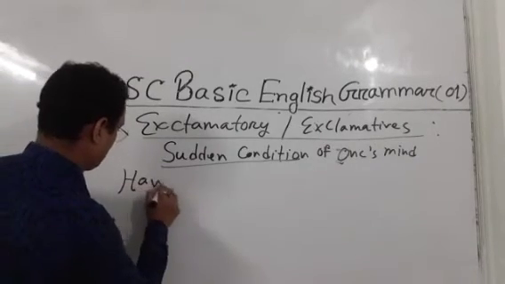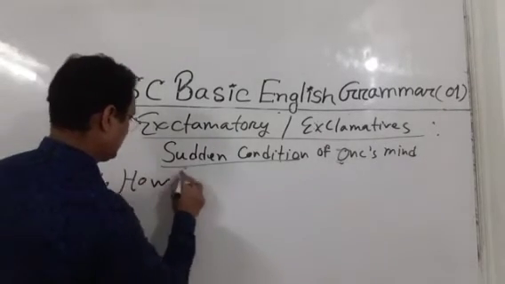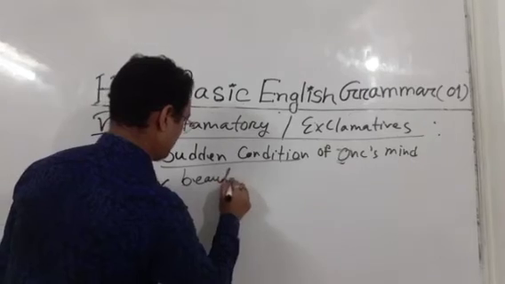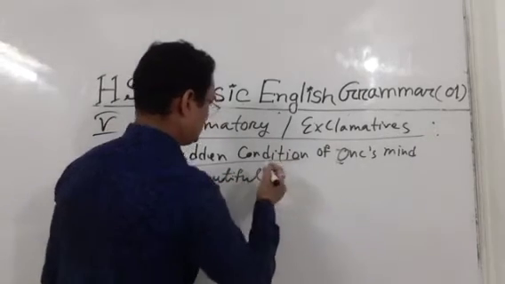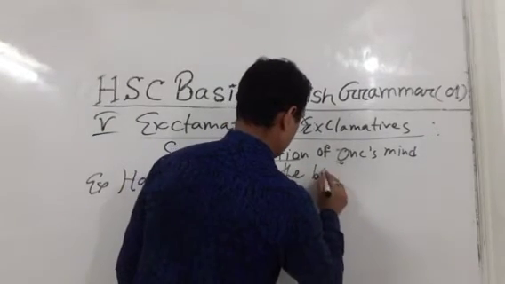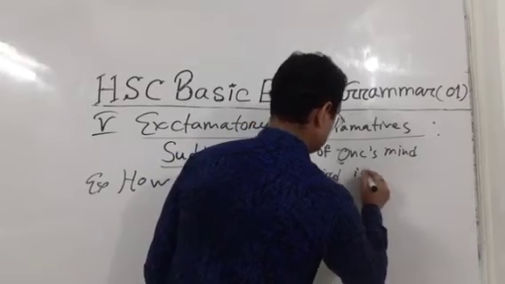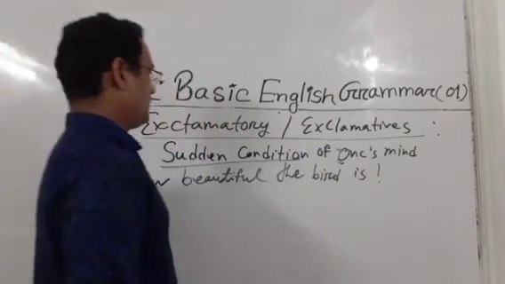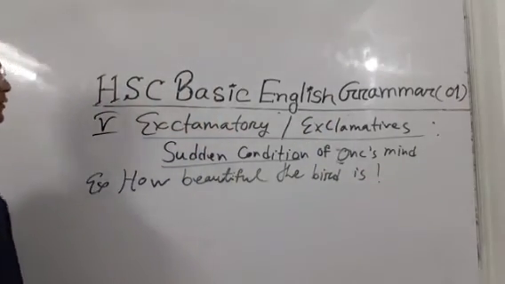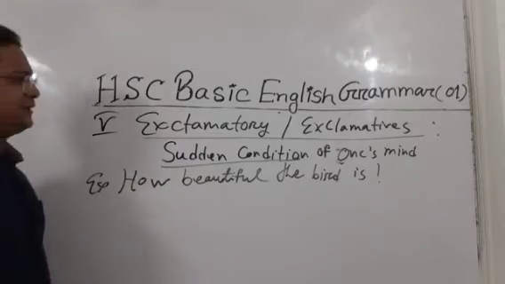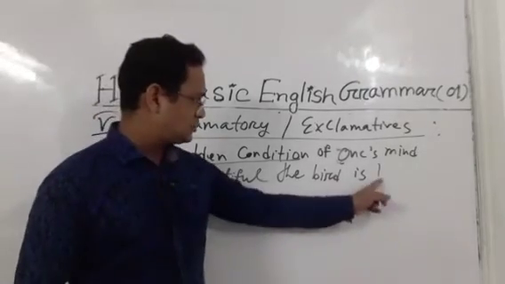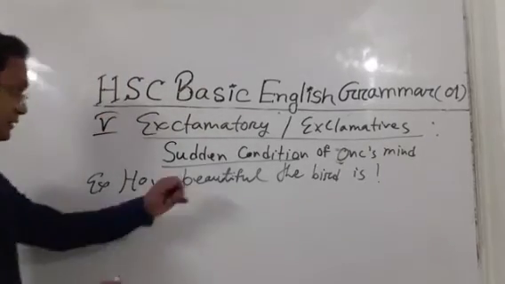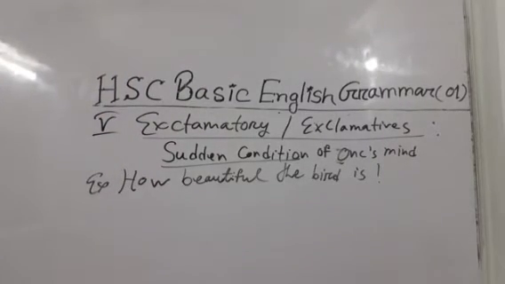Let's take an example: how beautiful the bird is. It's an exclamation sign. Students, we found an interrogative sign in interrogative sentence, and in exclamatory sentence also exclamation signs.